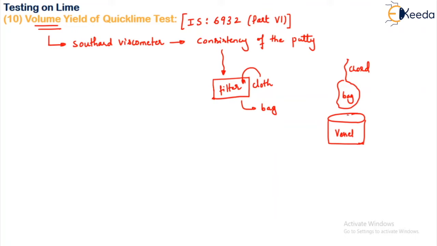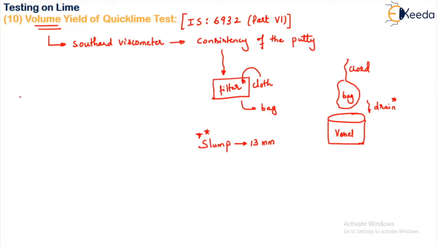So basically we allow the putty to drain away all the water which is present in the mixture. We have to adjust the consistency of the putty in such a way that it should give us a slump which is equal to 13 mm. So this is a standard which we follow for this particular test.